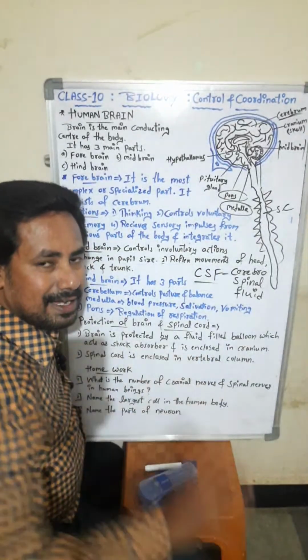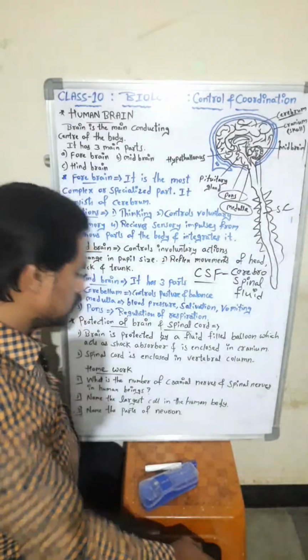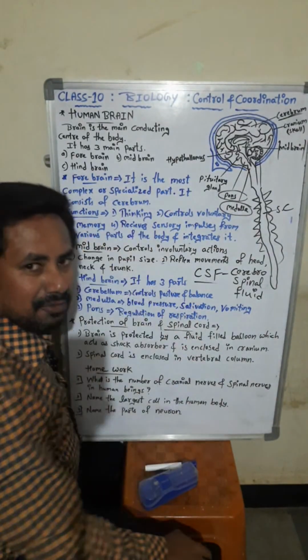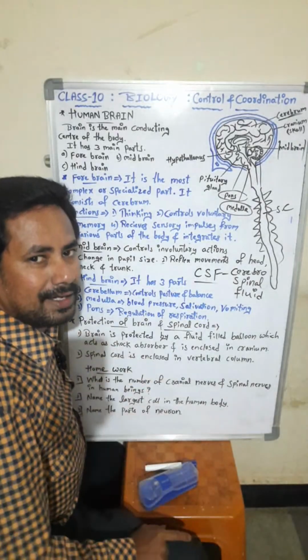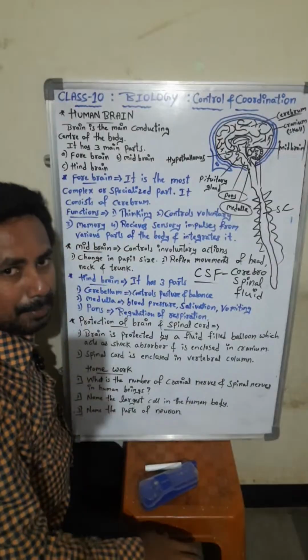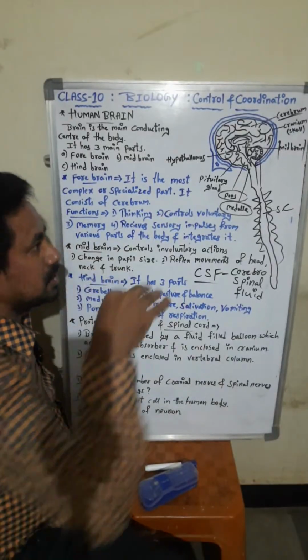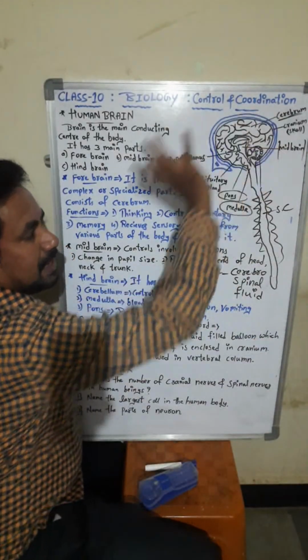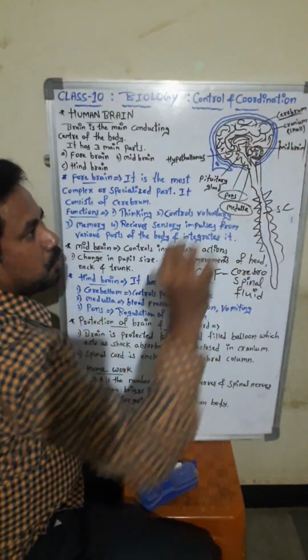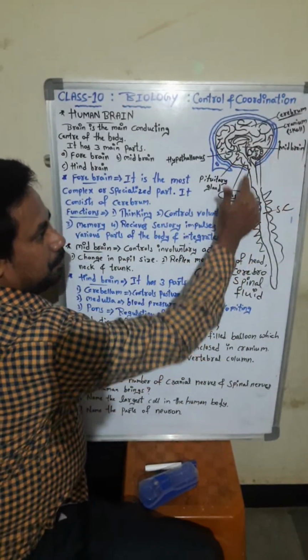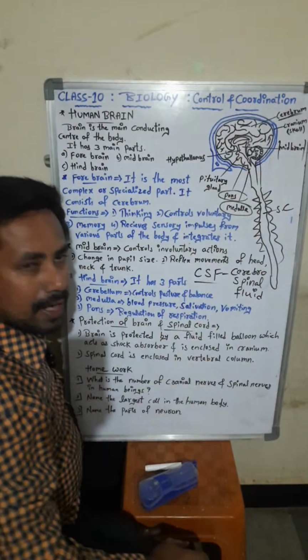Yesterday I gave you some homework, and today I am also giving homework. Before this, I want to give you a quick recap, students. Today we have studied about the human brain. Human brain has three parts: forebrain, midbrain, hindbrain. In forebrain, cerebrum is there. Midbrain is a very small portion, and hindbrain has three parts: cerebellum, medulla, pons viruli.